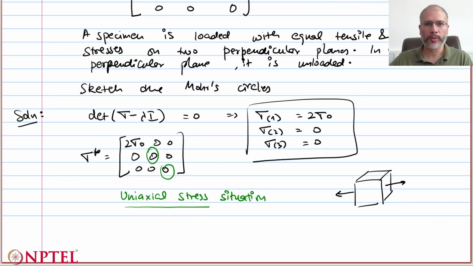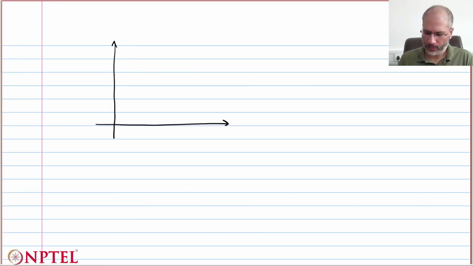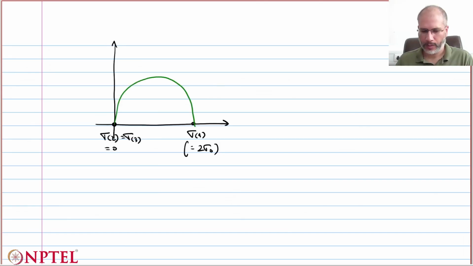So let's draw the Mohr's circles for this case. In this case, we have sigma 1, that is equal to twice sigma naught, but the other two principal values are zeros. I'll write sigma 2 equals sigma 3 equals 0, and our circle looks something like this.